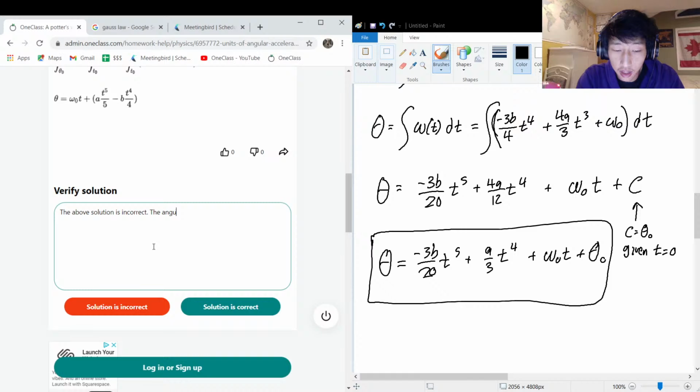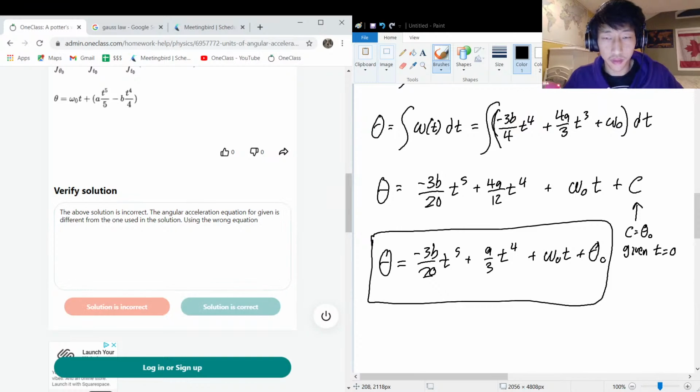The angular acceleration equation given is different from the one used in the solution. Using the equation. Okay, cool.